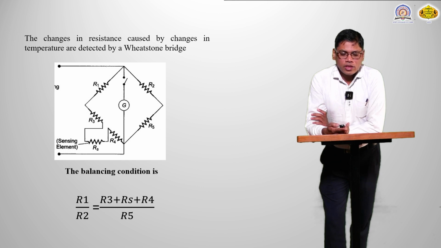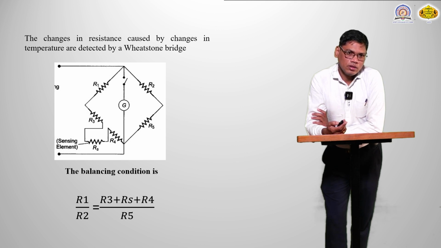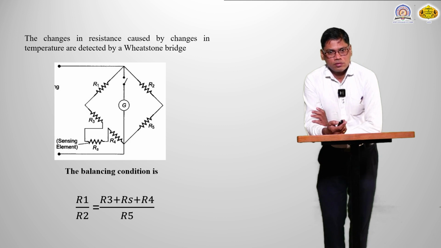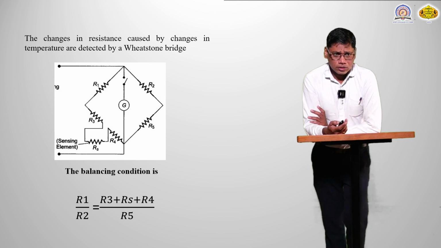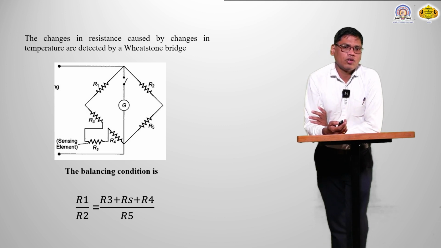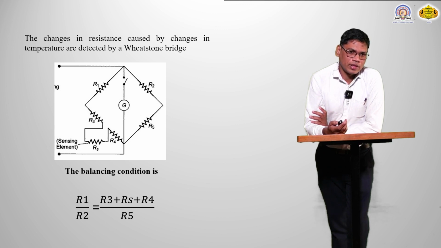The balancing condition is given by R1 divided by R2 is equal to R3 plus Rs divided by R4 over R5. Rs is the resistance of the platinum, whereas the others are constant. For balancing, we have to adjust R3 or R4 so that we get the balance of the bridge.